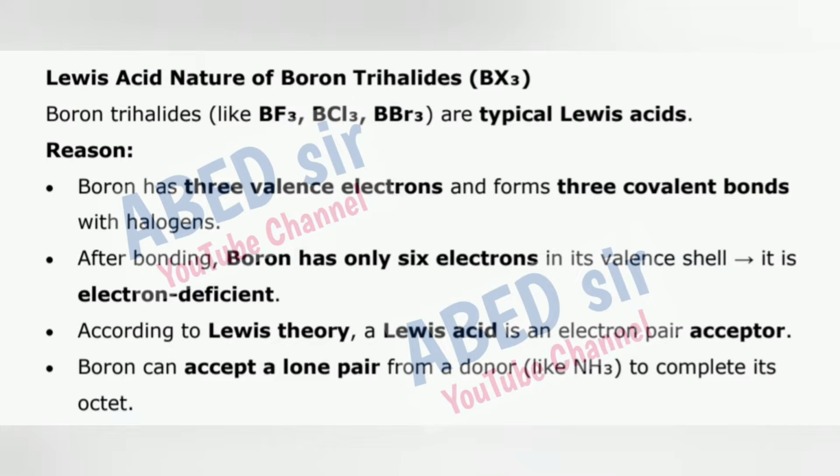After bonding, boron has only 6 electrons in its valence shell. It is electron deficient. According to Lewis theory, a Lewis acid is an electron pair acceptor. Boron can accept a lone pair from a donor, like NH₃, to complete its octet.